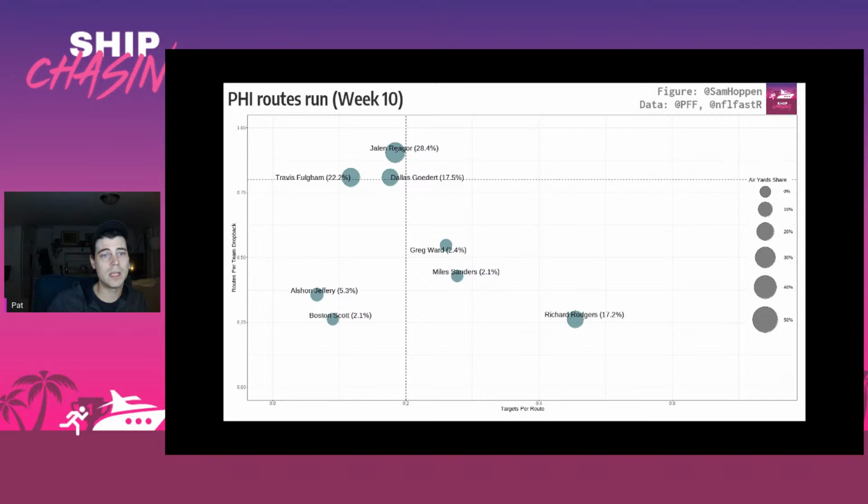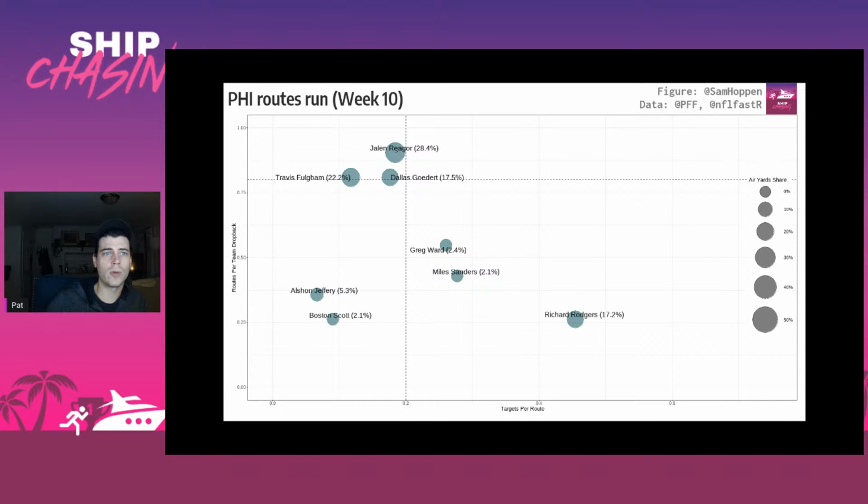And over the last 2 weeks, he has 13 targets to Travis Fulgham's 12. So they're basically right there, neck and neck. But the coaching staff seems to be favoring Jalen Reagor, giving him 93% of the routes, where Fulgham was running around on 83% of dropbacks. I believe the snap counts were basically identical, but obviously they're wide receivers, so we care more about the routes run.